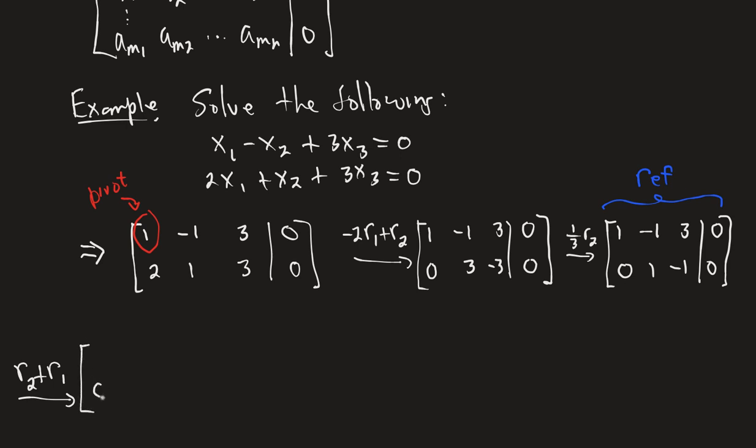So let me write row 2 because that's not going to change anymore. Right, so we got that, and then now taking this and adding it to this, I'll still have a 1 there. The positive 1 added to that negative 1 makes it 0, and then the negative 1 added to this positive 3 makes it a 2, and then again 0 plus 0 is 0, right? This is now an RREF, right?